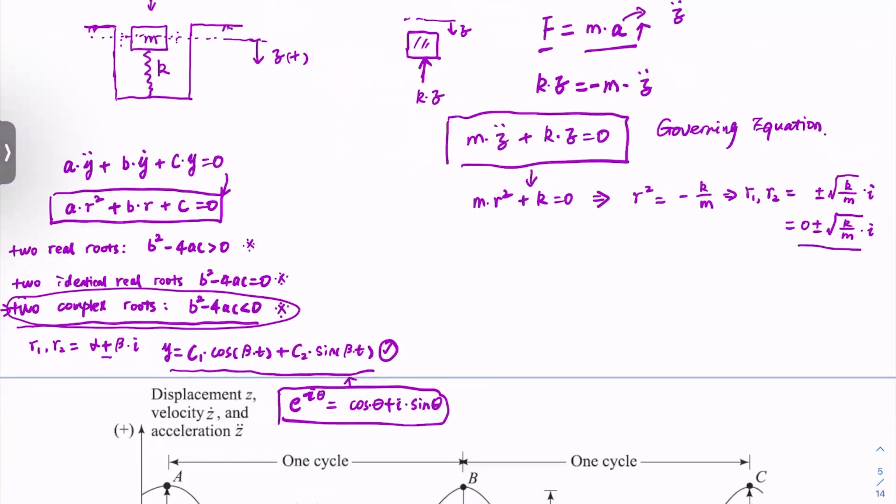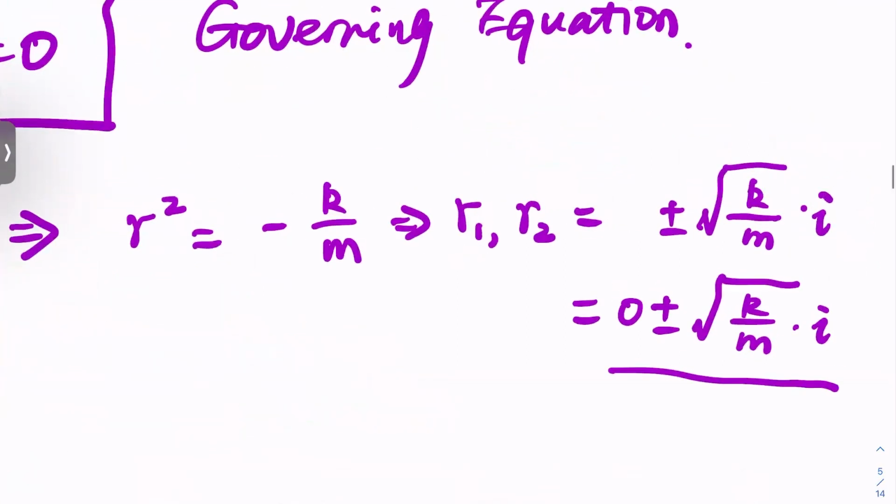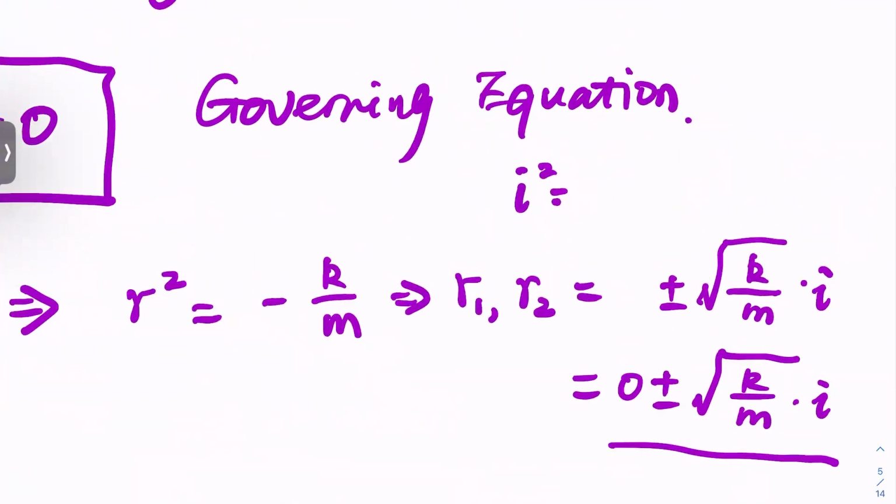You look at this, you look at that. Can someone tell me the general solution for this equation? Have you seen an i? It's outside of the square root. Guys, i squared is minus 1, right?